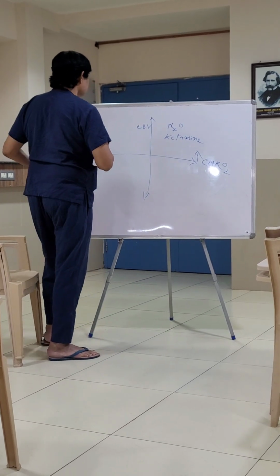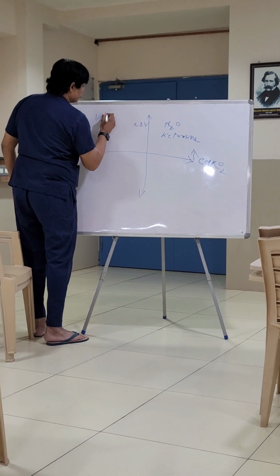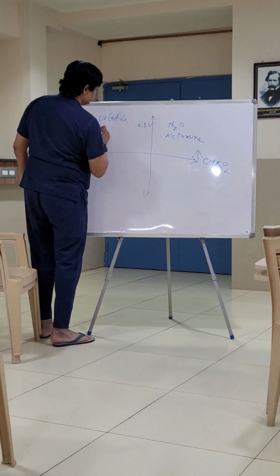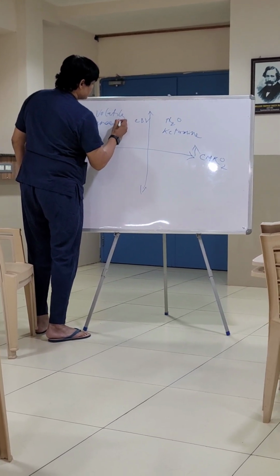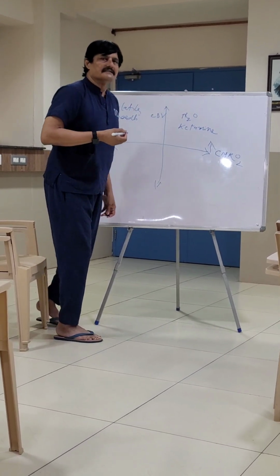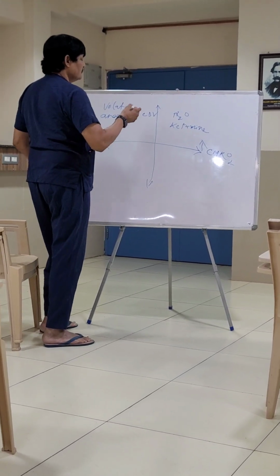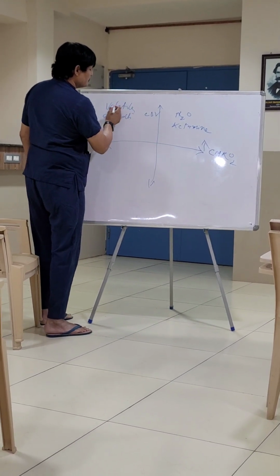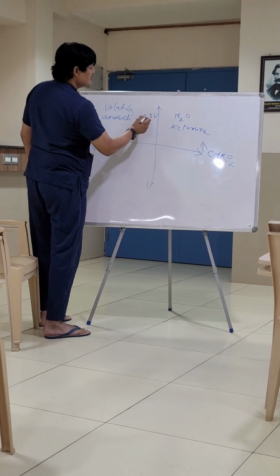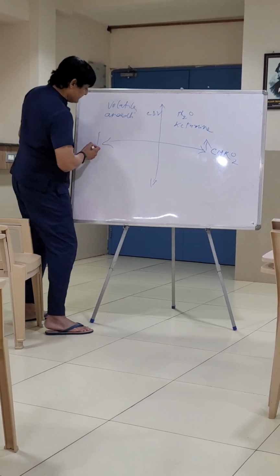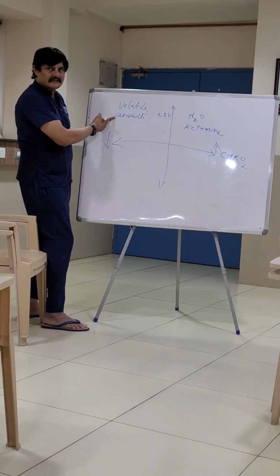Now what are the other drugs? These are the volatile anesthetics: halothane, isoflurane, desflurane, all those things. Whenever a volatile anesthetic is given, cerebral blood volume will increase and CMR will decrease.